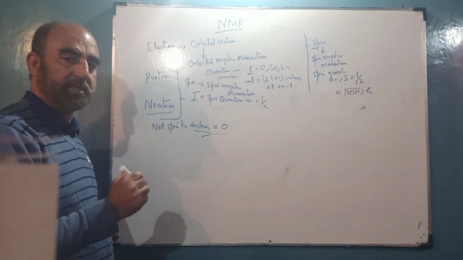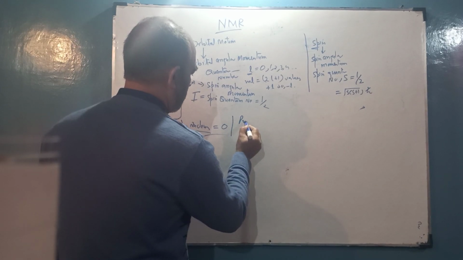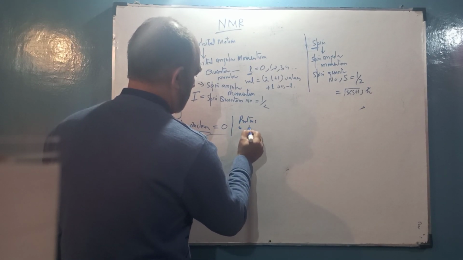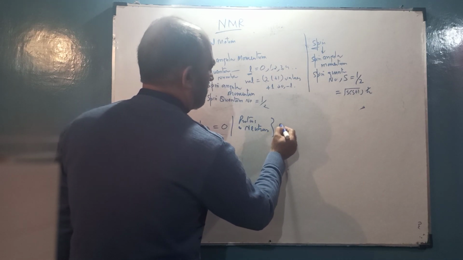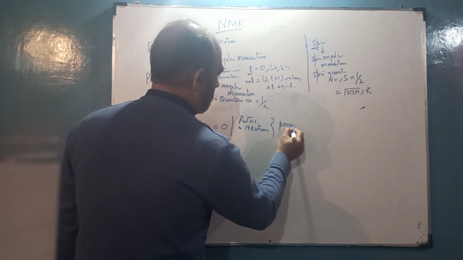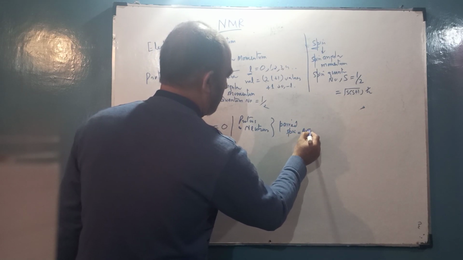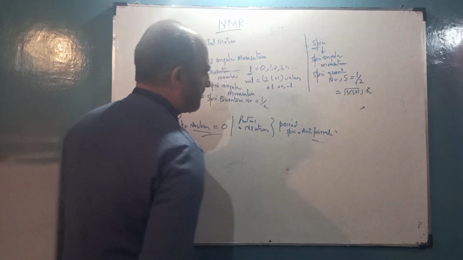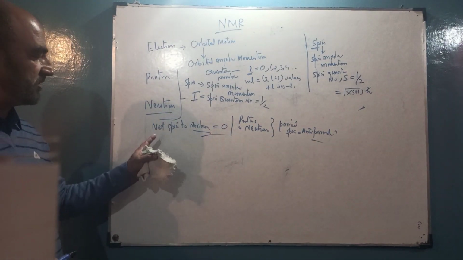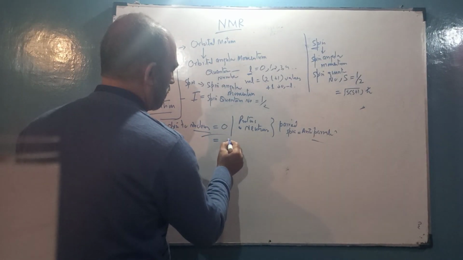That means when all the nucleons, that is protons and neutrons, have paired spin in an anti-parallel manner, the net spin of the nucleus will be 0 and such nuclei are non-magnetic.